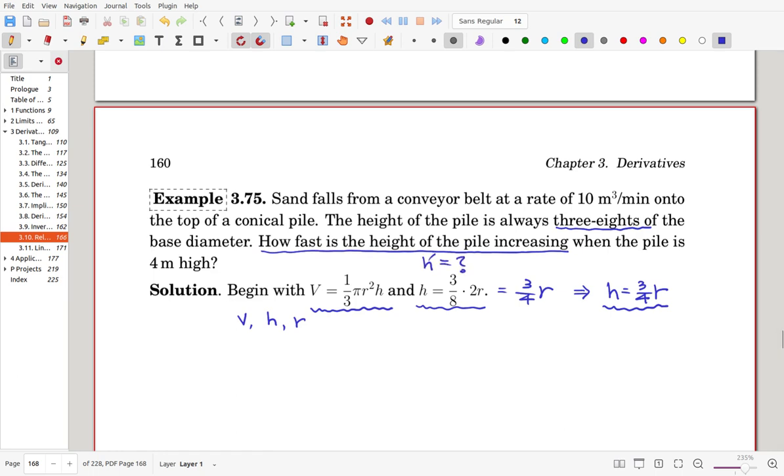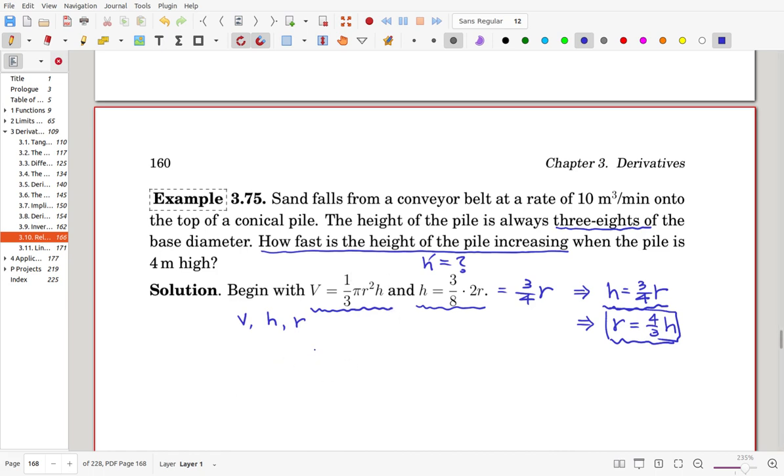So rather than this equation, we can get r equal to 4 over 3 h. If we replace r with 4 over 3 h here, then the right side will become a function of h.